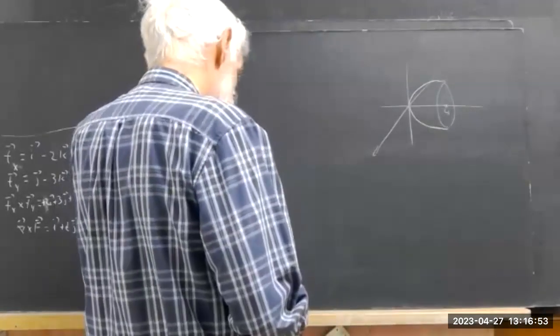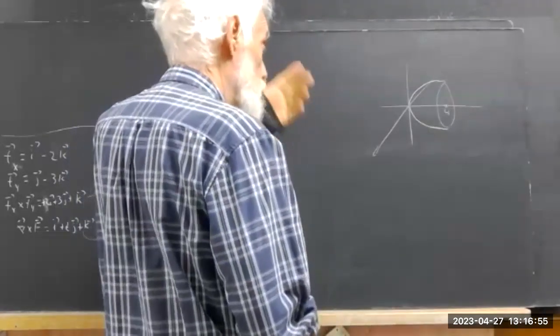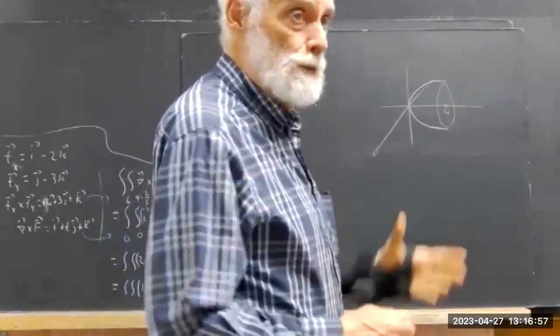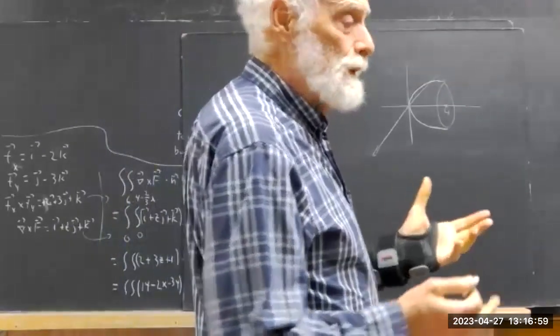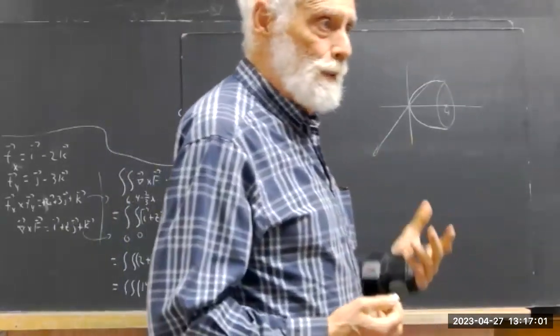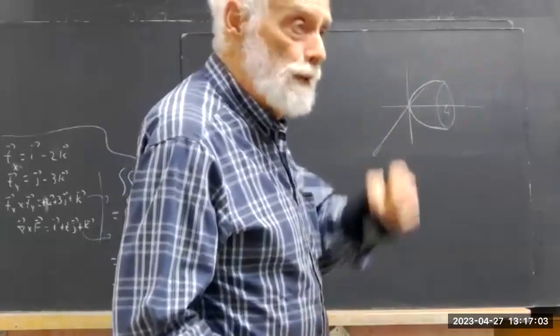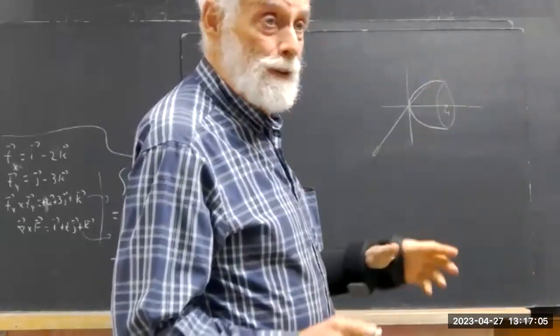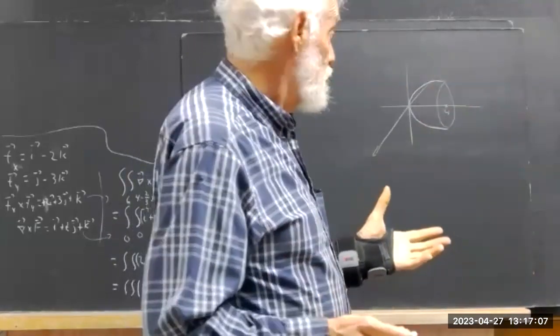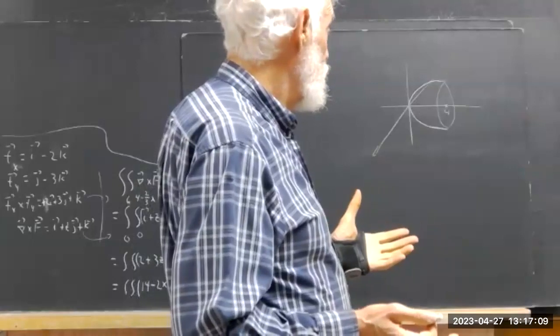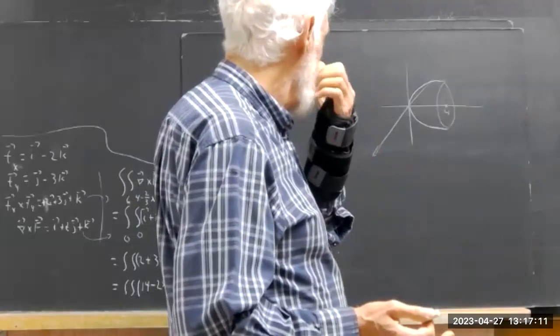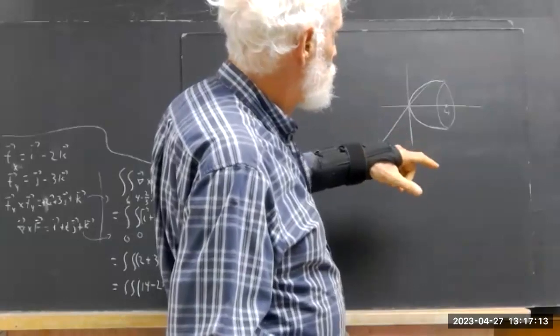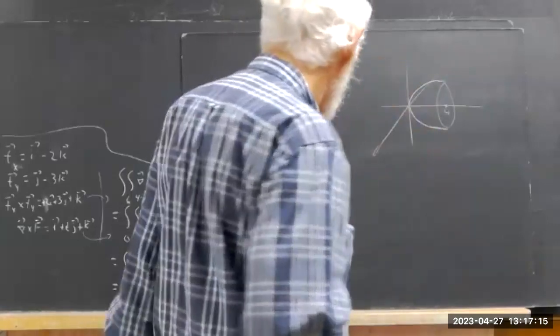I don't remember what the function was at that point. It doesn't really matter. Well, actually it does kind of matter, because some functions are easier to integrate over the boundary than over the surface.